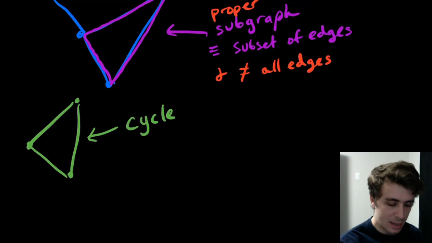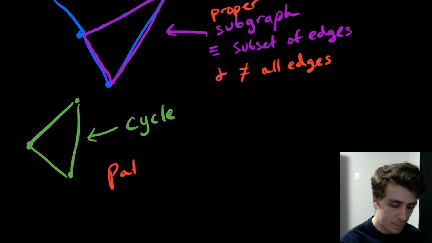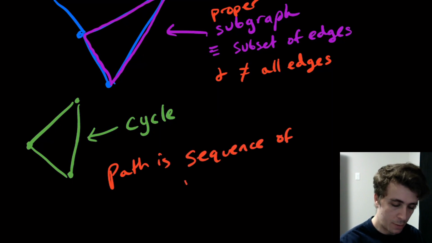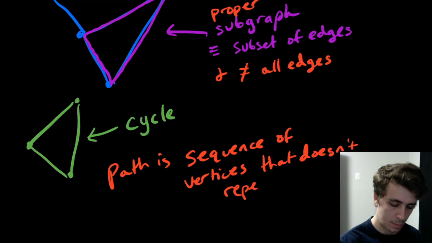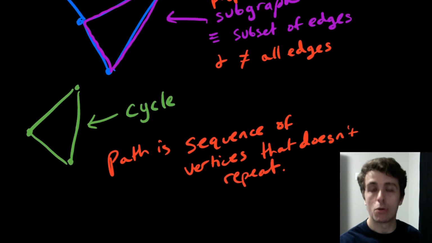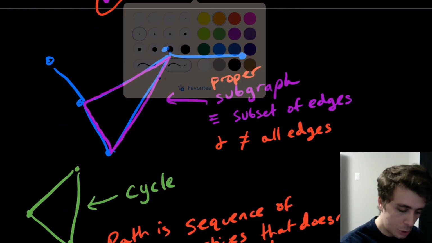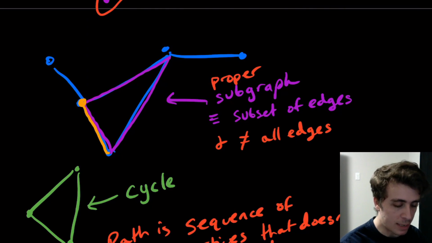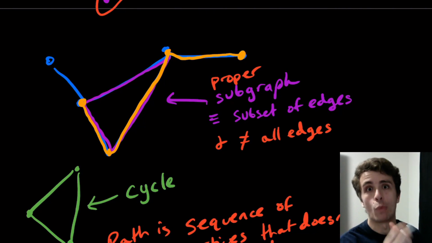In the case where we don't have a cycle, a path is a sequence of vertices that doesn't repeat. So for example, if I started from here, then worked our way down to here, and then worked up to here, and then over to here, I never repeated a vertex along that route.